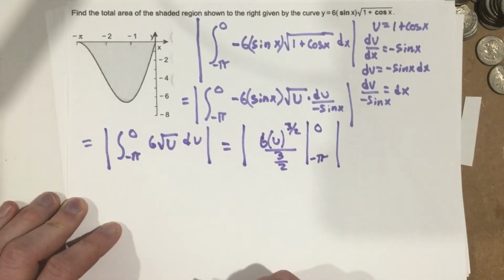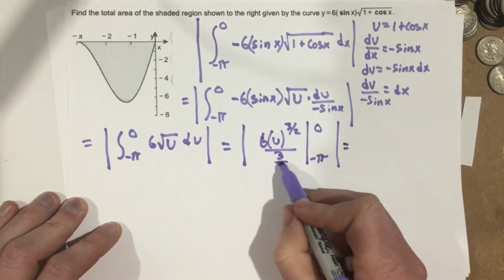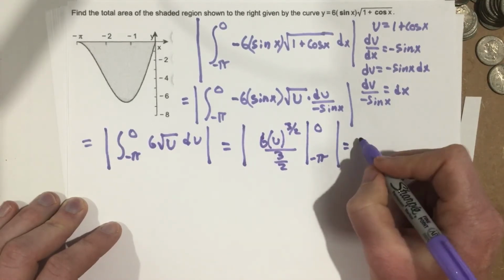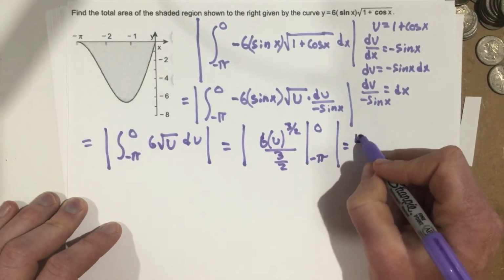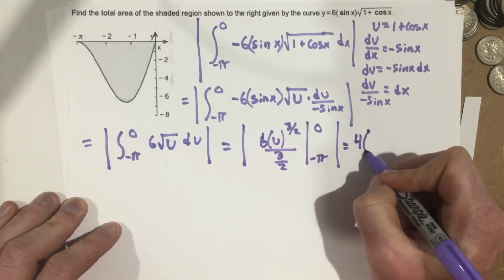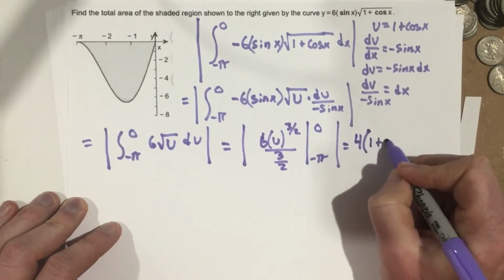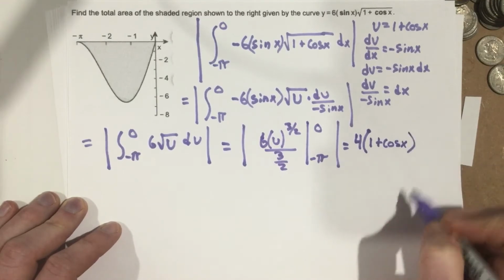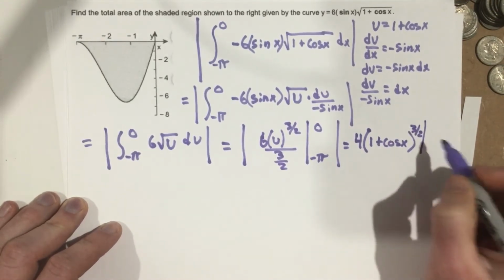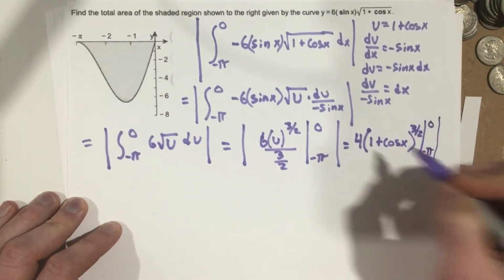Take the absolute value of it. 3 halves, when I divide it, I flip and multiply the top, so it'll be 2/3 times 6. 2/3 of 6 is 4. So I end up with 4, and I can replace the u with 1 plus cosine. So I can say 1 plus cosine x to the 3 halves. And we're evaluating that from negative pi to 0. And remember, we're taking the absolute value of that whole thing.